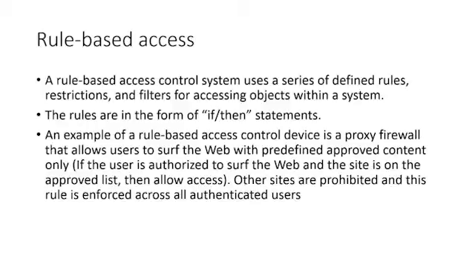This is based on rules, and most of the time you see these in ACLs for firewalls, proxies, and things like that. They're making decisions, right? If something equals something, then do something. Allow it, deny it, prohibit it, something. So those are rule-based access.